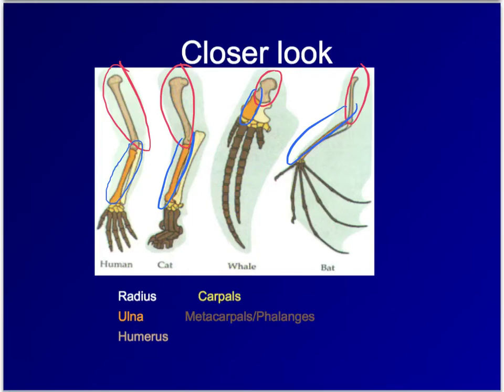Next to the ulna, in all four organisms, is something called the radius. And if you went down to the hand, you could see even more similarities. So essentially, when we're talking about homologous structures, we're talking about the fact that these four different species share the same structural traits of having these bones in their forearm, even if the shape and size of these bones are very different.